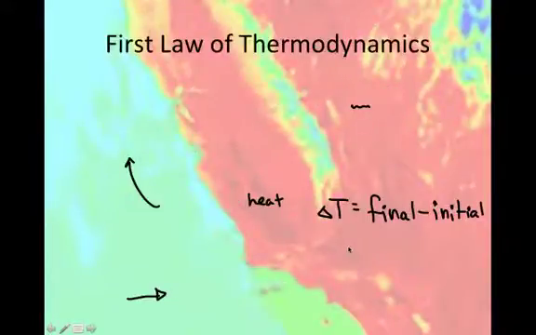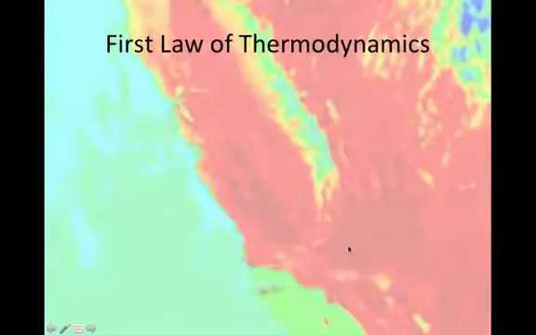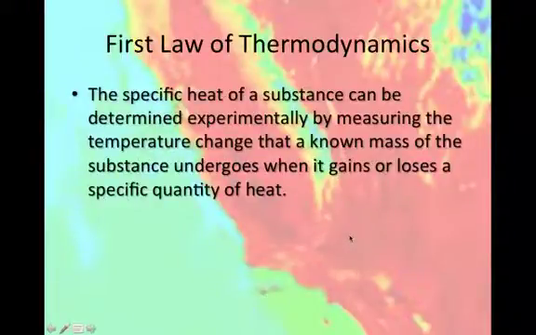The first law of thermodynamics allows us to describe the temperature change for one thing compared to the temperature change for another. Because what we know is that whatever energy is given up by your system has to be equal to the energy absorbed by the surroundings, or vice versa.